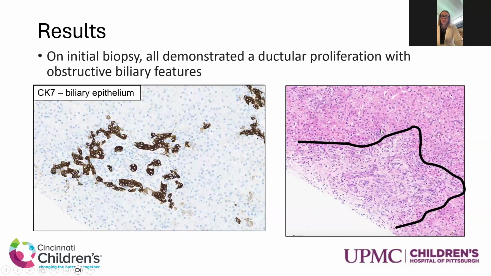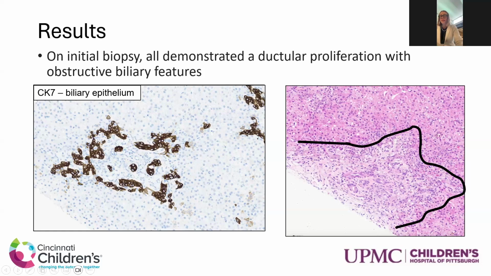And when you do a stain to look at those ductular profiles, normally in the portal area, you should only see one bile duct. You shouldn't see this proliferation. So this is indicating that there's a proximal obstructive process happening, and now you have all these proliferating ductules starting to be evident at the limiting plate.